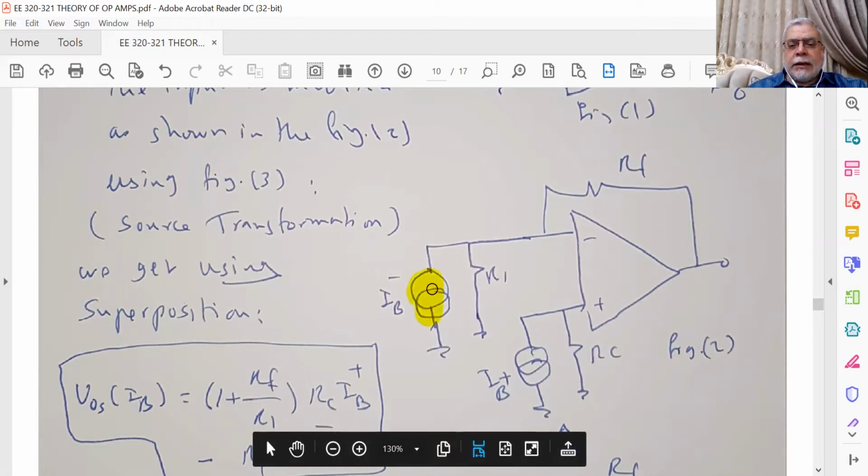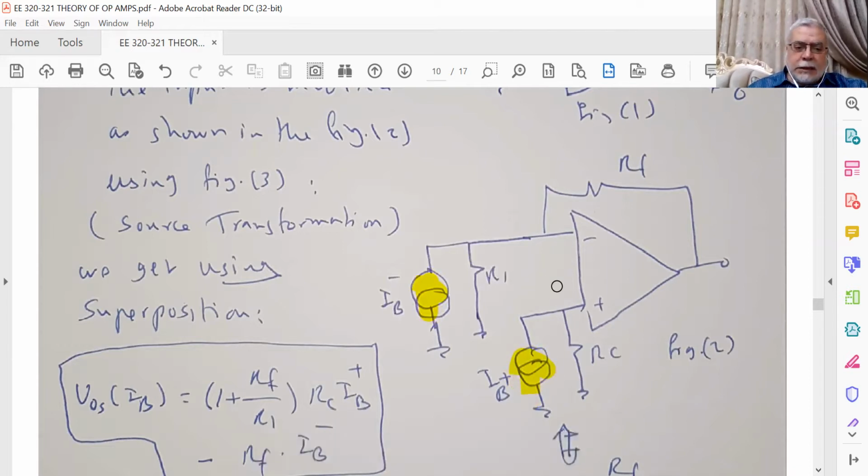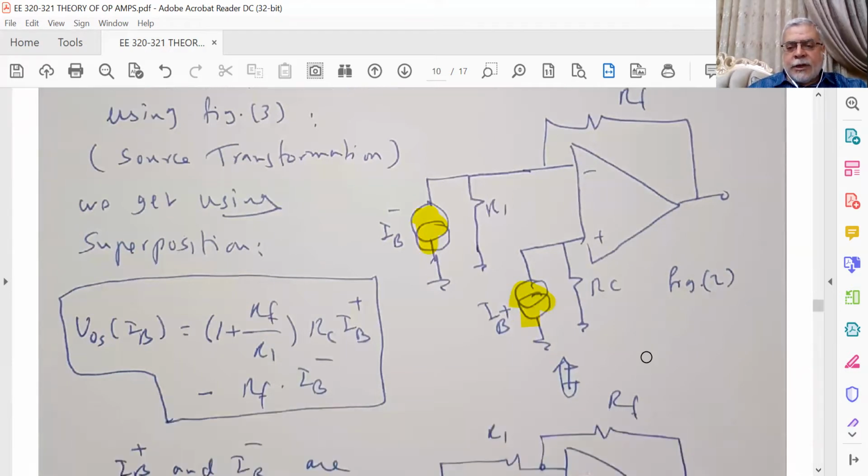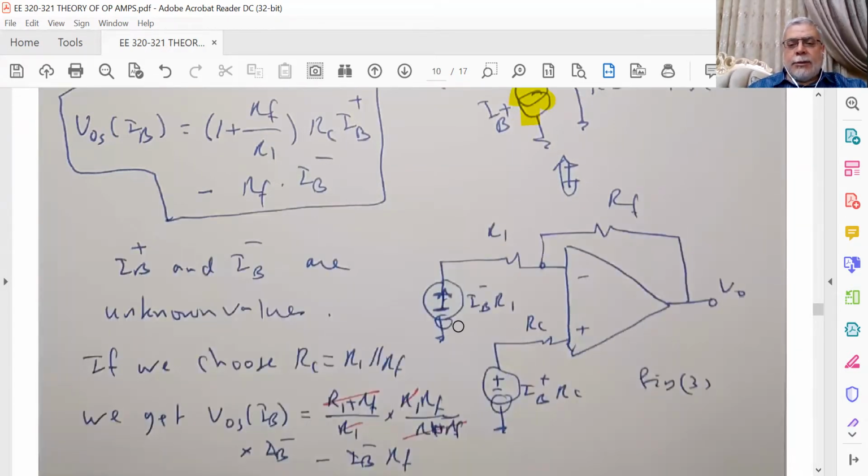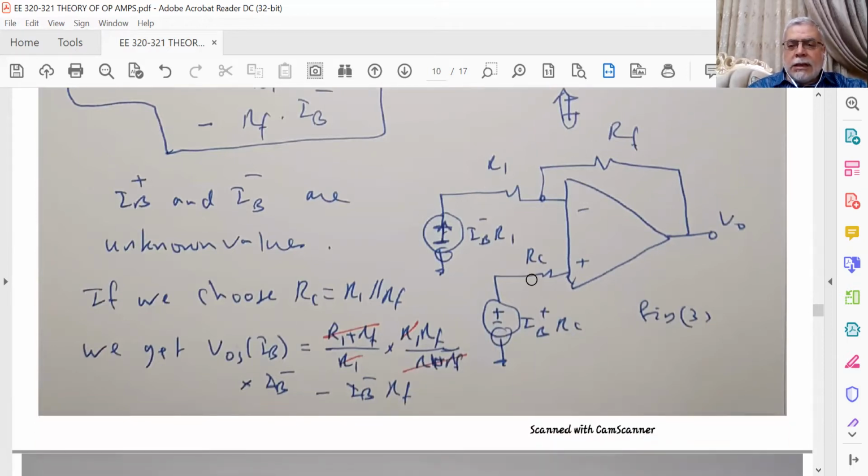So using source transformation, we will get such a circuit: IB minus R1 as the voltage source, the RF, R1, and IB plus RC with RC, and this is the circuit.